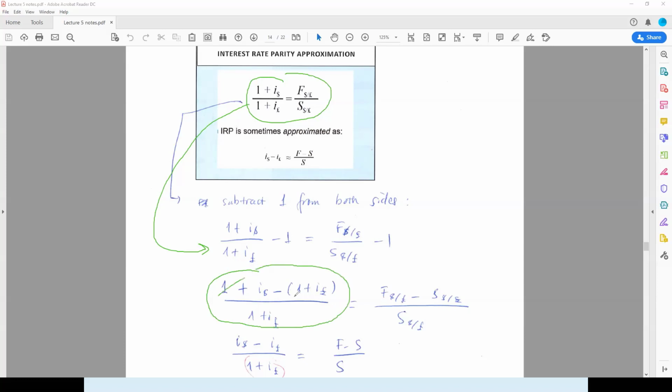So 1 cancel each other out, and I'm left with interest rate in the US minus interest rate in the UK, divided by 1 plus interest rate in the UK, okay? On the right-hand side, I'm going to take the common denominator, and then I will get this ratio here. So F minus S divided by S, okay?